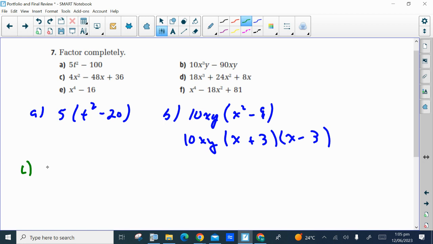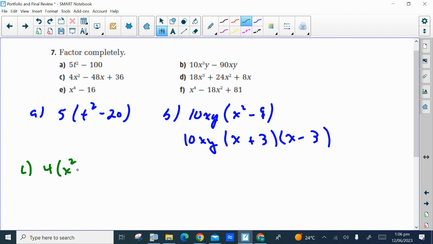Question C. Could potentially be a perfect square trinomial because the square root of 4x squared is 2x, the square root of 36 is 6. However, when you multiply these together, you'll get 12x. Doubled is 24x, not 48x. So it's not a perfect square trinomial. However, there is a common factor of 4 there. So let's try that.